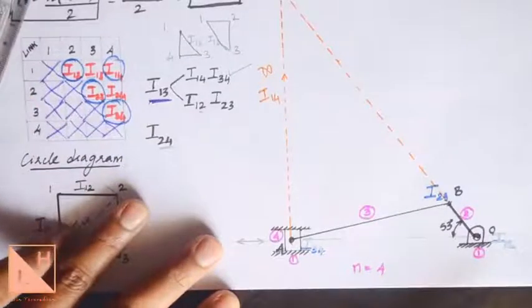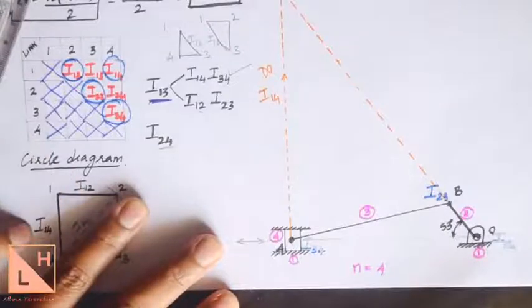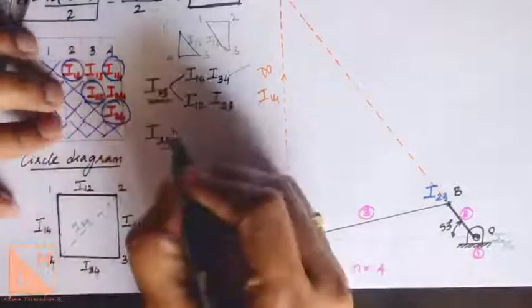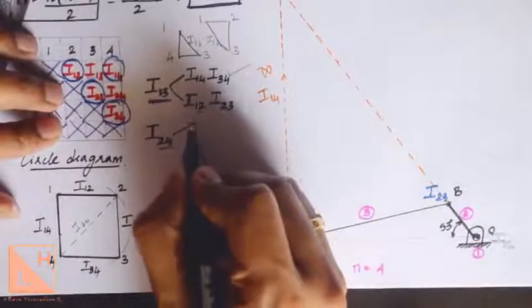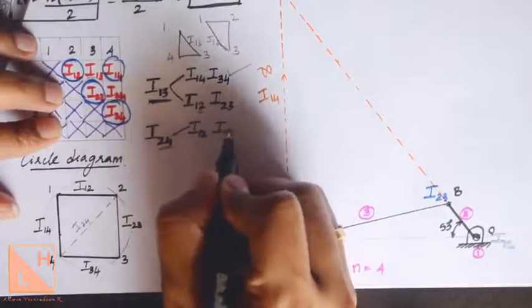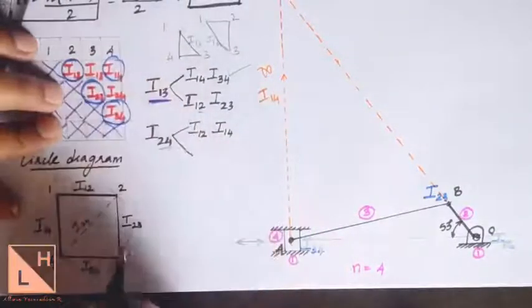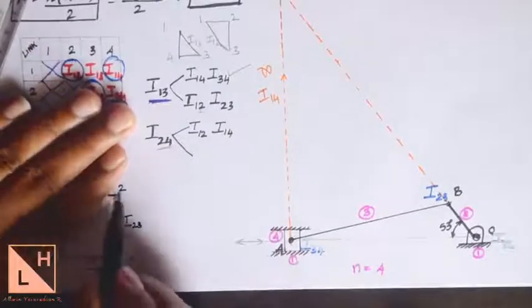First we'll refer to 1, 2, 4. To find out I24, connect the instantaneous centers I12 and I14. For our reference, we'll write it separately. So the first line we are going to get is by connecting I12 and I14. What about the other line? We'll check that also. It is formed by 2, 3, 4.